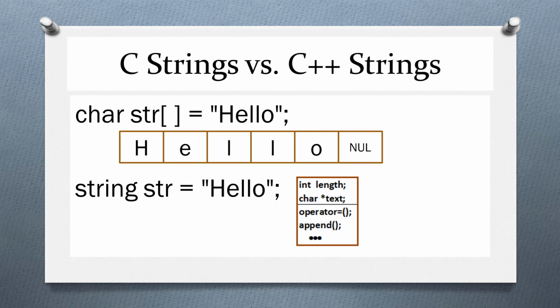So if I said string str in C++ equals hello, what's happening here is we're taking a C string and converting it into a C++ string and storing it in an object. So these objects have the length and all the characters, and they have all of the operators that are available. So it's usually a lot safer to use C++ strings because they take care of a lot of the memory management that you would have to do yourself if you're doing C programming.